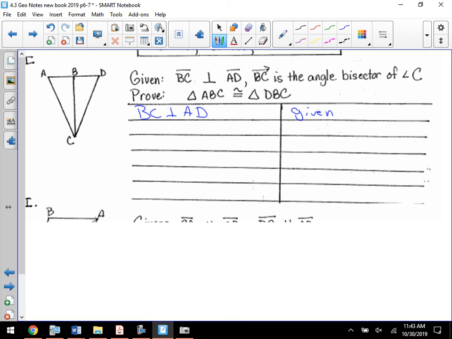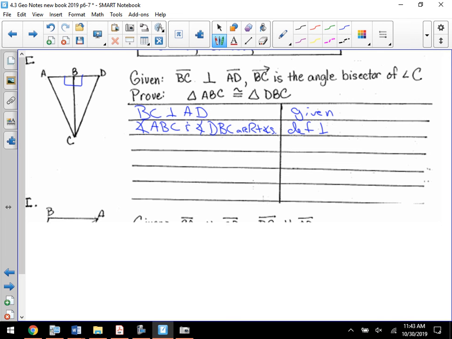So we go to our diagram like we have been doing. We draw in where the right angles occur. Then we write them down. Angle ABC and angle DBC are right angles.